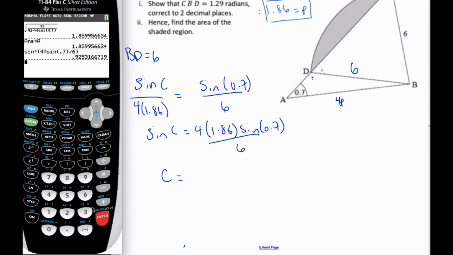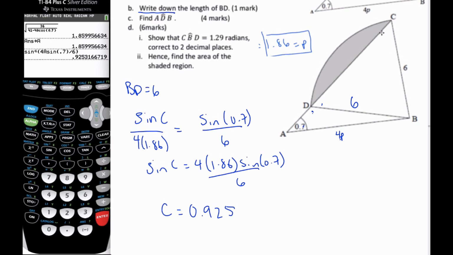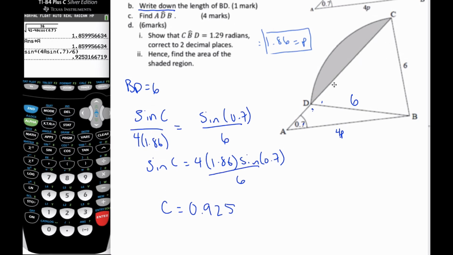And so my C value, this is in radians, remember, is 0.925. And if you remember, 1 radian is about 60 degrees. So it seems reasonable. It's an acute angle. So this is 0.925, and this is 0.925.